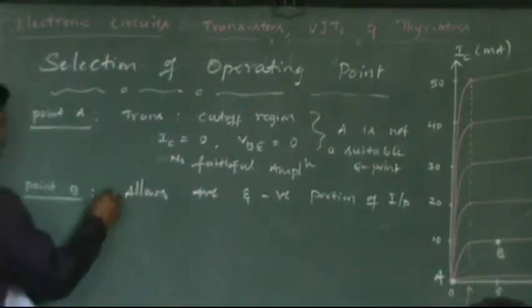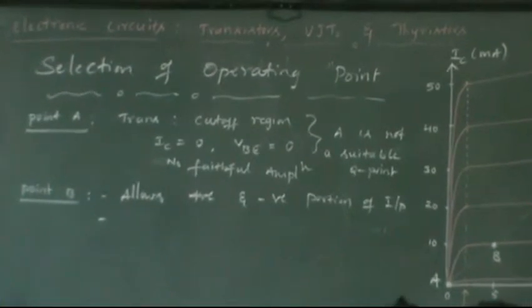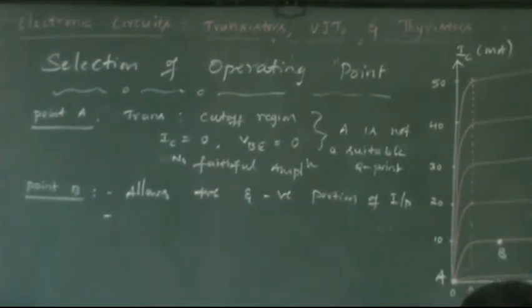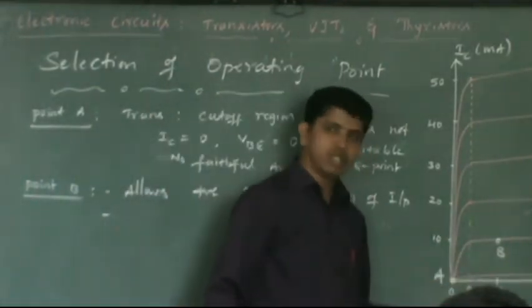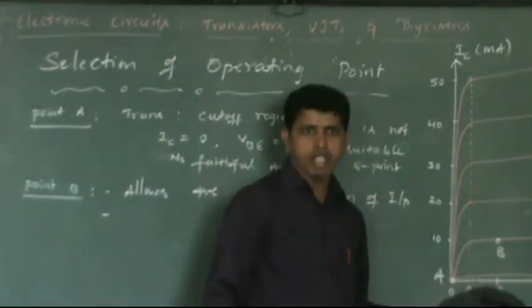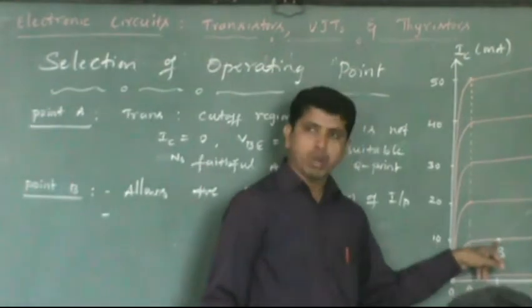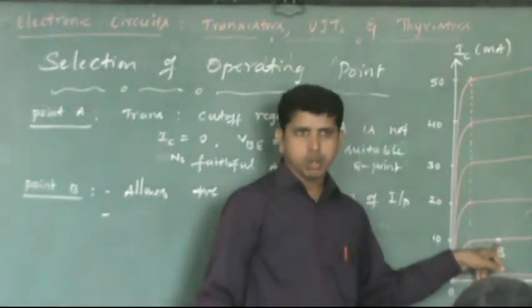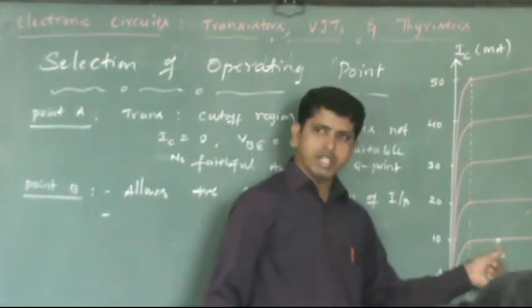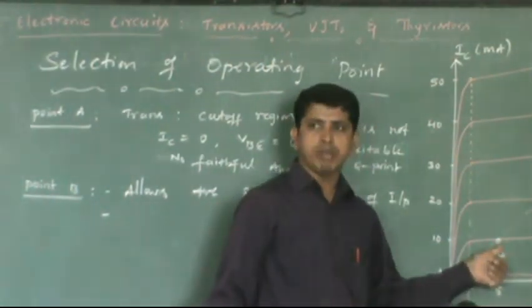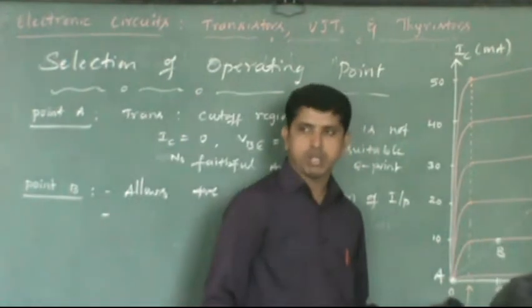Second drawback here is the peak to peak voltage is limited because point B is very close to the VCE sat. Due to that, the peak to peak voltage coming out, choosing B as the operating point, is limited because point B is in close proximity with VCE sat.